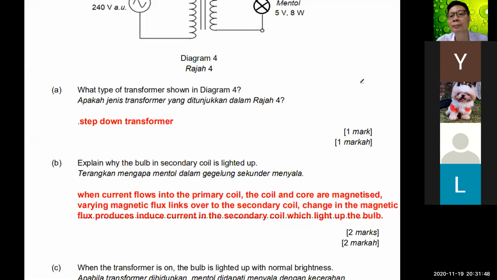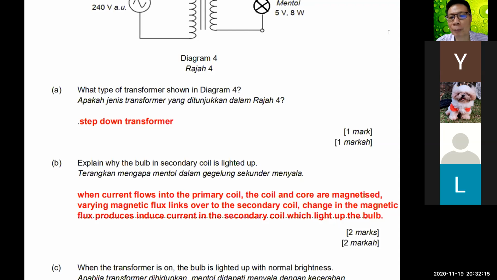Okay, copy the answer, please. A few of you answered here. Let me check what's written. An Si Xiang, he says, secondary coil cuts the magnetic flux, induced current produced enough to supply the light. Yes, An Si Xiang, your answer is correct, but it is the last part of the answer.